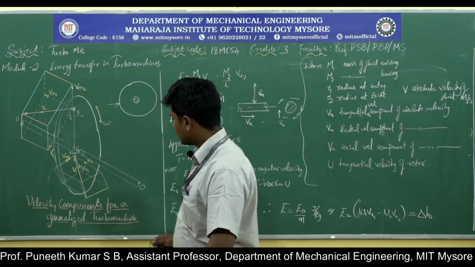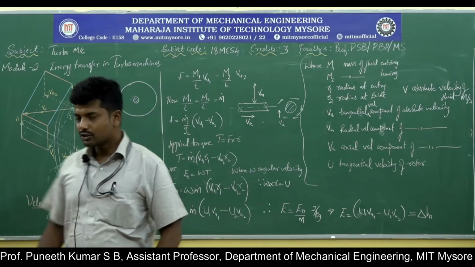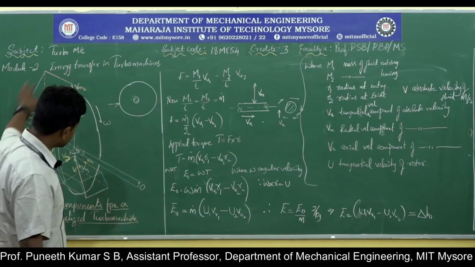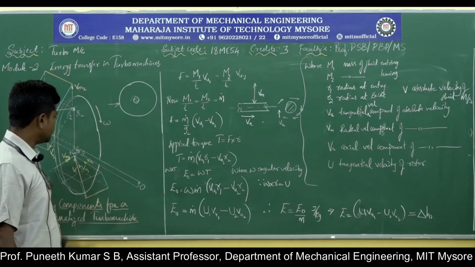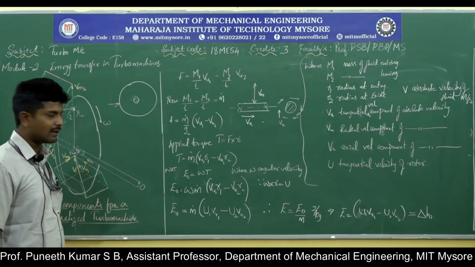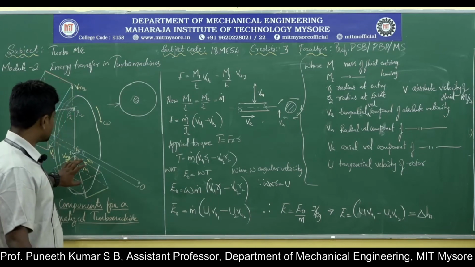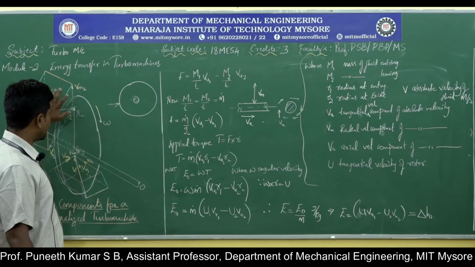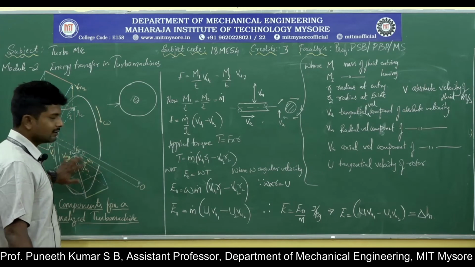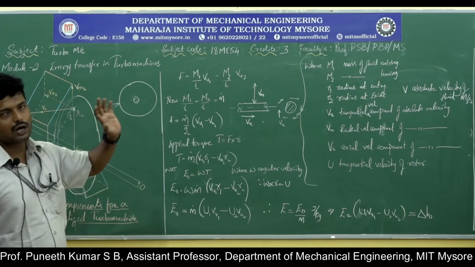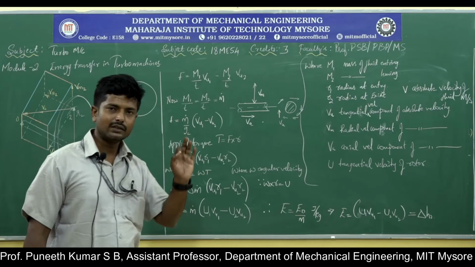Now, by now we have understood the nomenclature of each and every individual velocity component and the absolute velocity. We have understood the inlet, exit, the directions, and the velocity change which causes the true running of the machine.